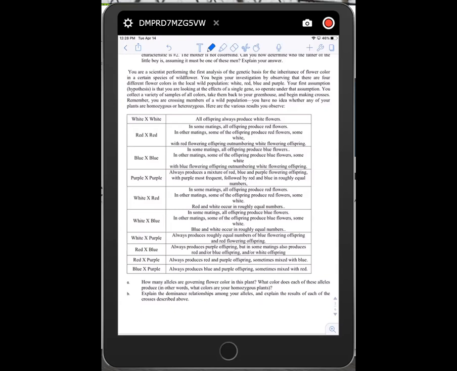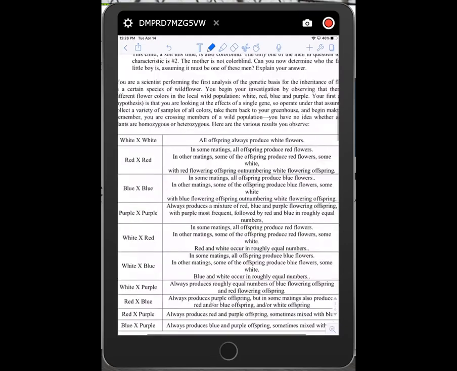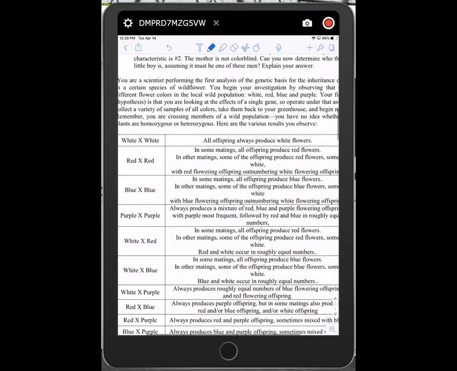All right, so let's look at this one. We can just go through each step here to see what it does. White crossed with white. All the offspring always produce white. So what do we know about that? White is pure breeding. So do we know if it's dominant or recessive?